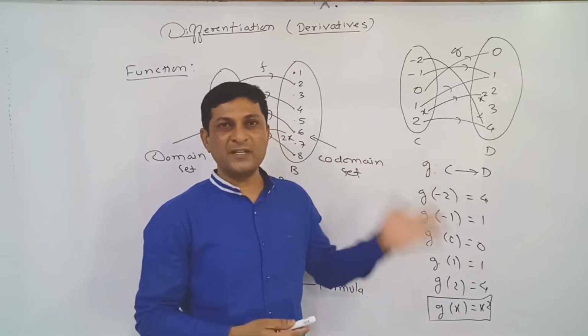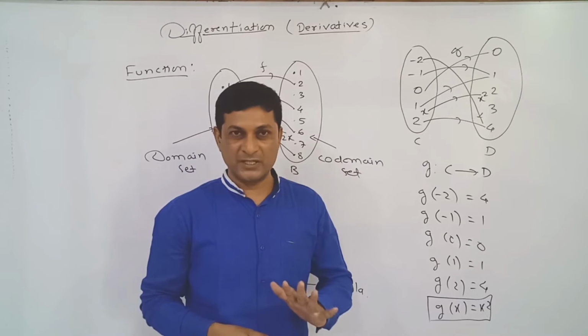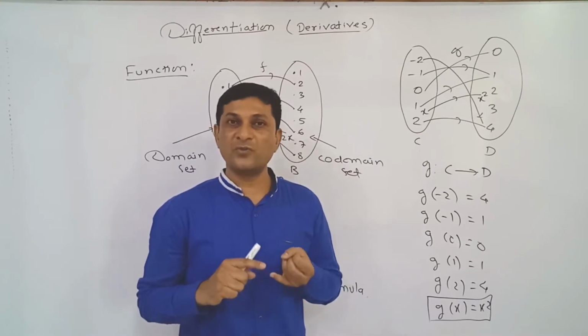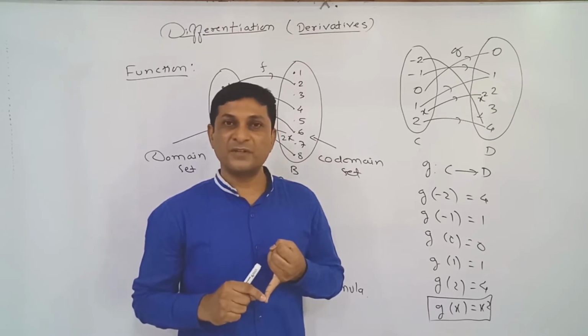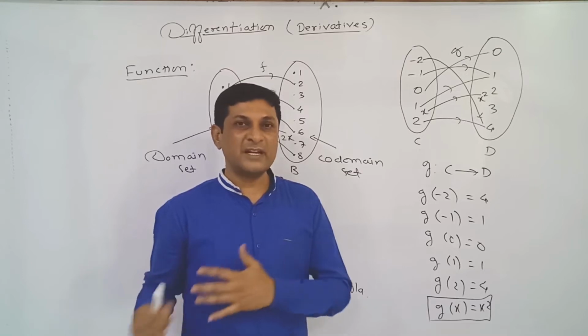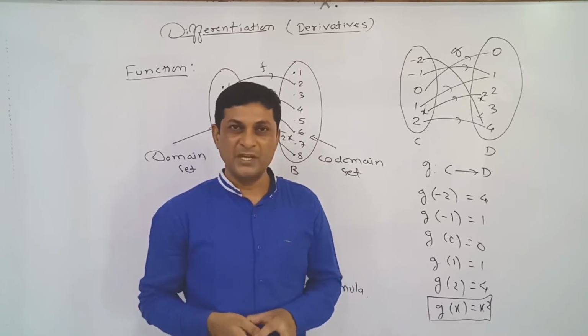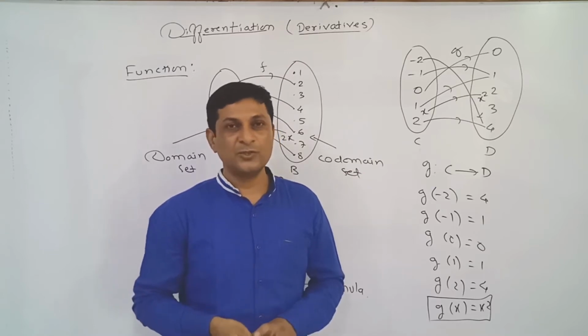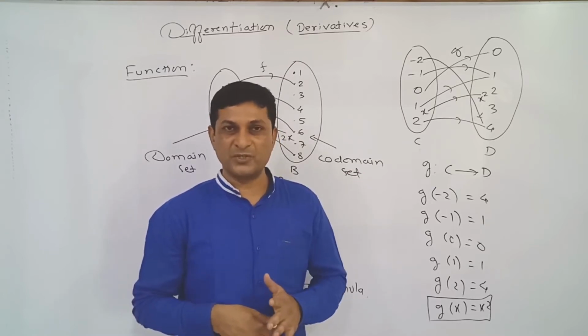So we have taken two very simple examples of functions, and later on in the 11th standard we have seen how to find the limits of a function and the continuity of a function. Even we have discussed the elementary part of differentiation also. So we will revise the elementary part of differentiation, considering that you know how to find the limits of a function.